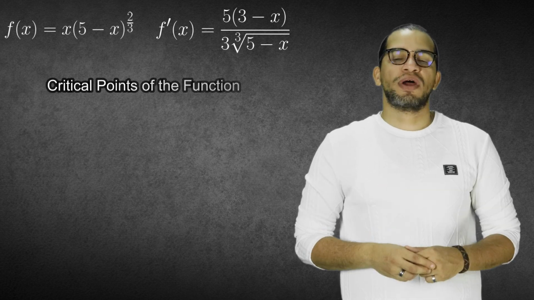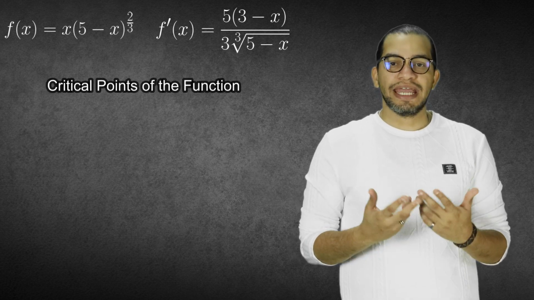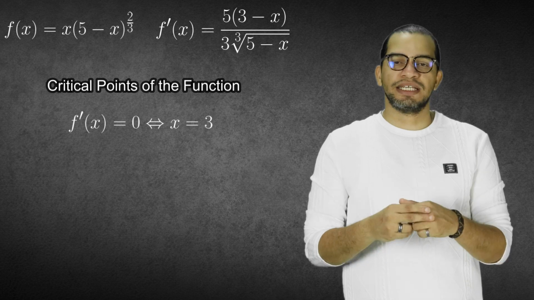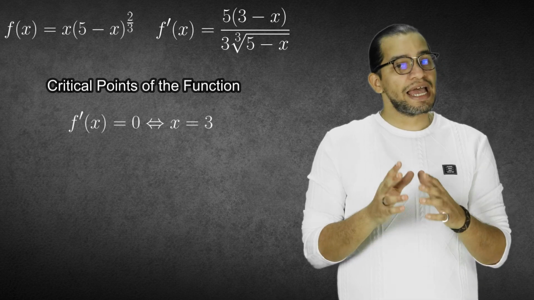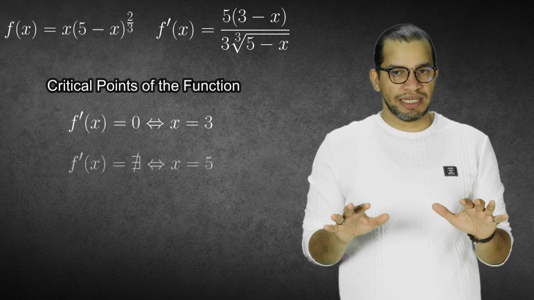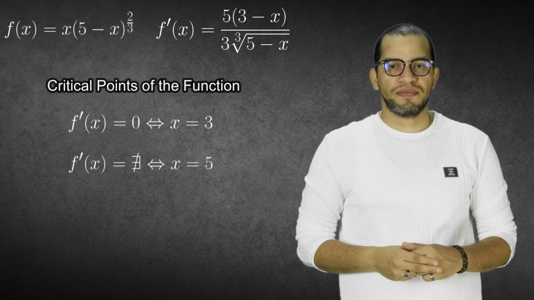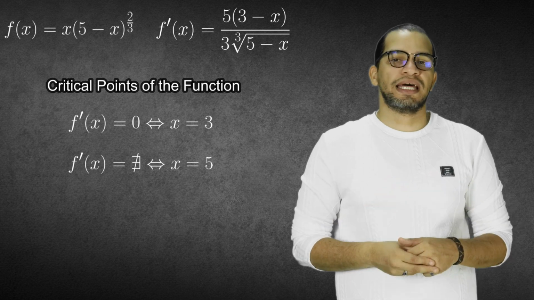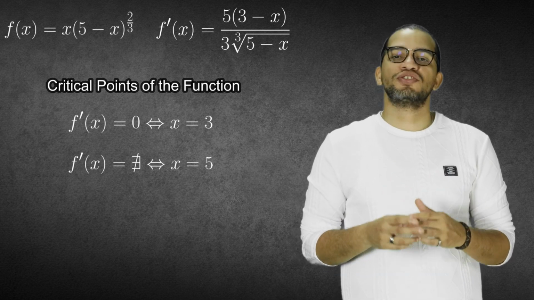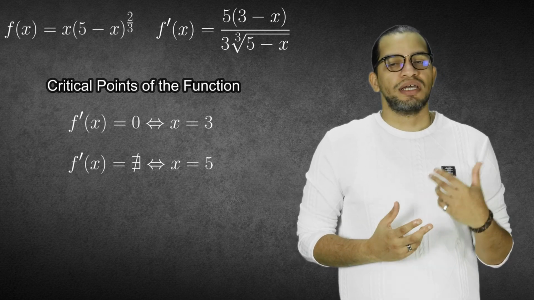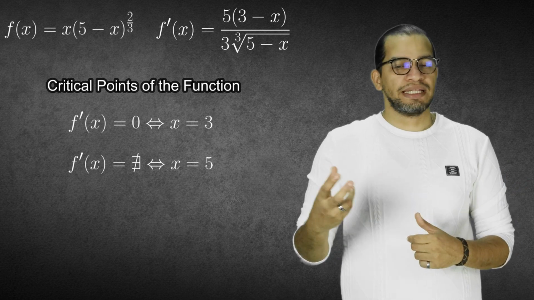Therefore, f prime of x is equal to 0 if and only if x is equal to 3, and f prime of x does not exist if and only if x is equal to 5.